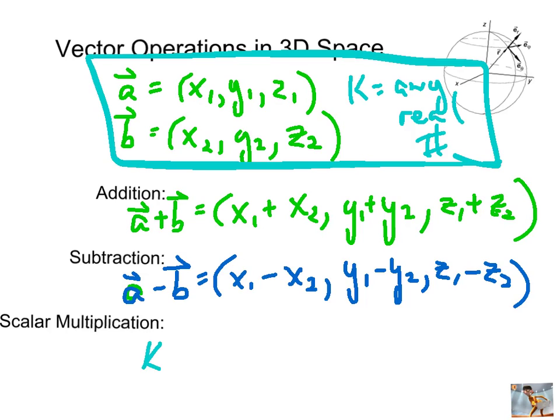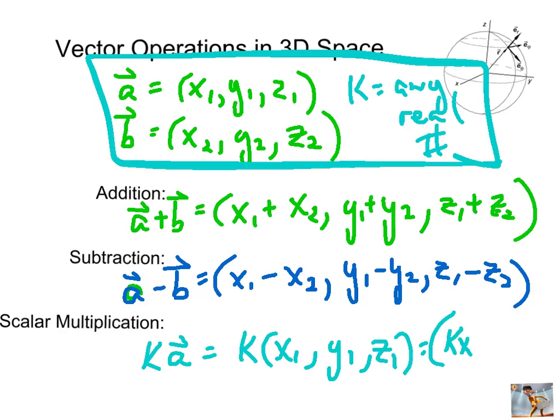So, if I have k times A, that's going to look like k times x1, y1, z1, and what you do with that is you distribute the k. And that's going to give you k times your x1 value, k times your y1 value, and k times your z1 value. Just distribute the k.